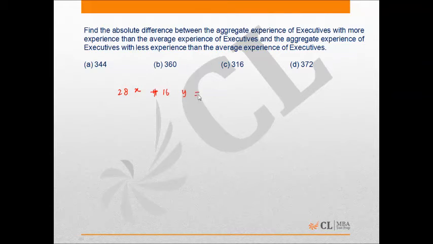And it should be equal to the average experience of executives times the number of executives whose experience is less than the average, which is 16, plus the number of executives whose experience is more than the average experience of executives, that is 28. On solving, we get 4x plus 7y equals 110.